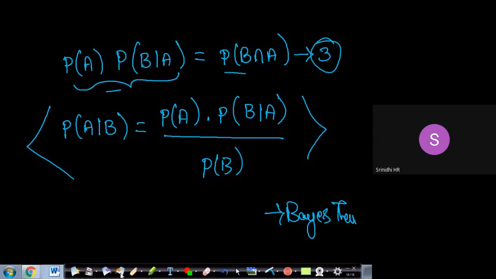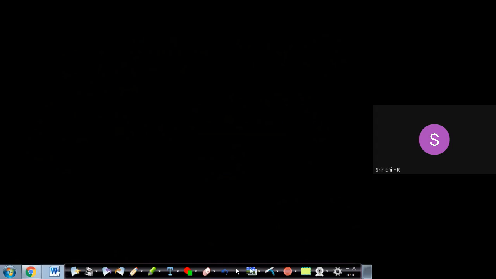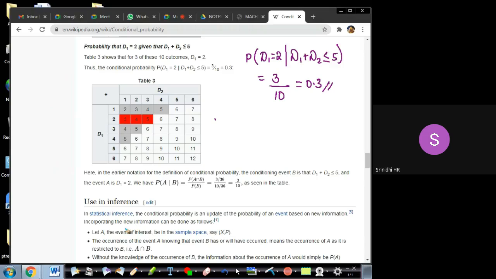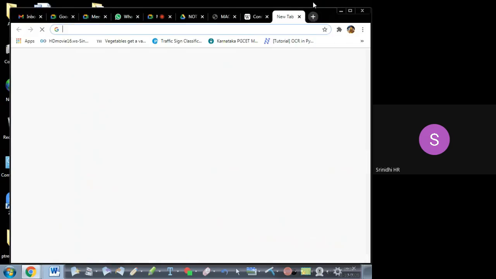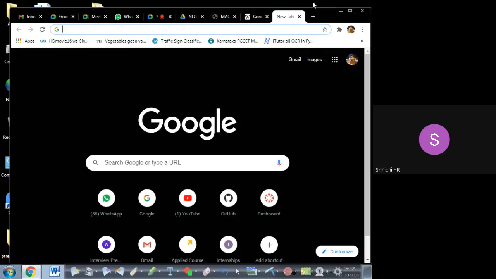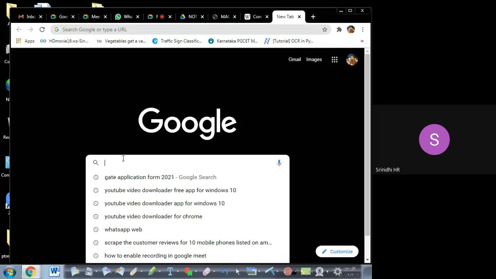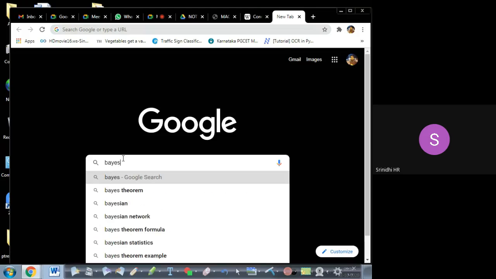So I think we can stop the discussion here. I'll be discussing the example in my next class. We shall try to take up a very good real-time example, and see how Bayes theorem has been applied. We'll take up a Wikipedia example. If you just go and type an example of Bayes theorem on Wikipedia, we have a beautiful example.